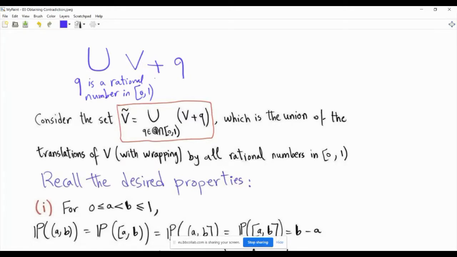Okay, so let's now investigate these things. Before doing so, let's remember our two desired things. We want the probability of intervals to be the length, and we want translation invariance. Translation invariance means that if you have a set A and you shift this set by a number from 0 to 1, then you want the probability not to change, because we are trying to construct a uniform measure.